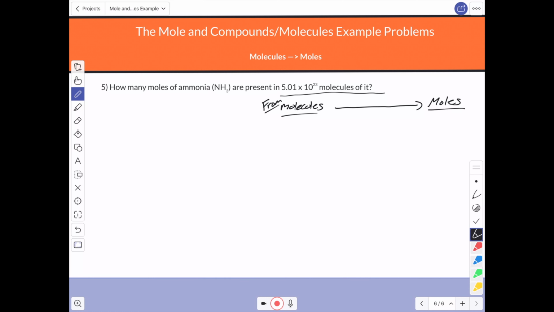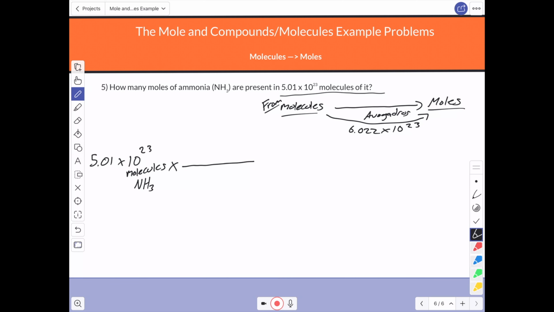Right? Well, hopefully we recognize that the conversion factor for this is quite simple. Avogadro's number, right? 6.022 times 10 to the 23rd gets us between things, atoms or molecules, and moles, right? So we have 5.01 times 10 to the 23rd molecules of this NH3, otherwise known as ammonia.